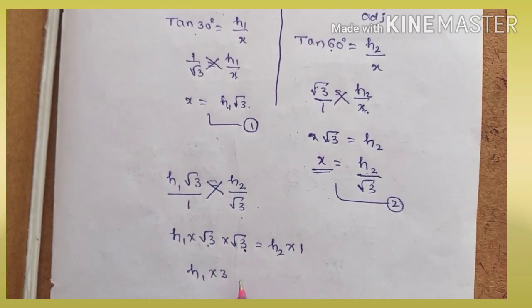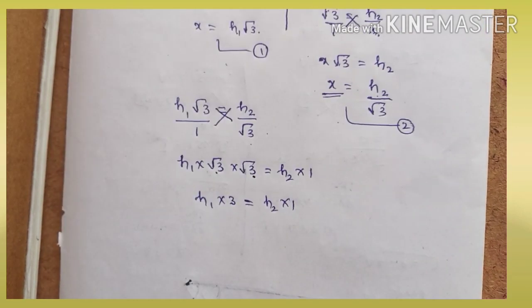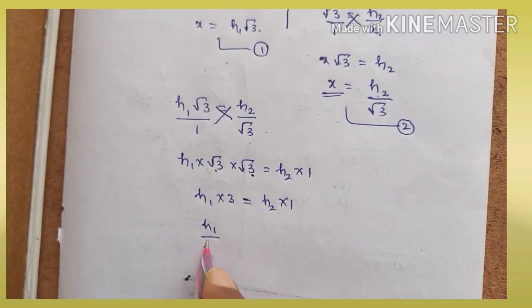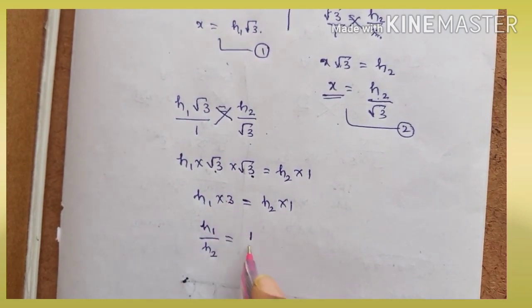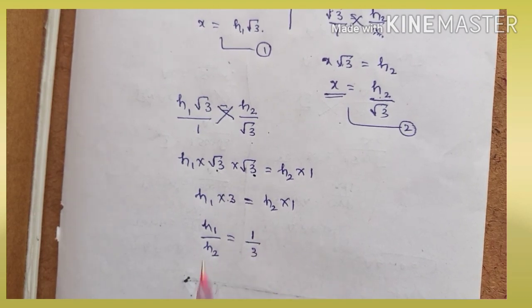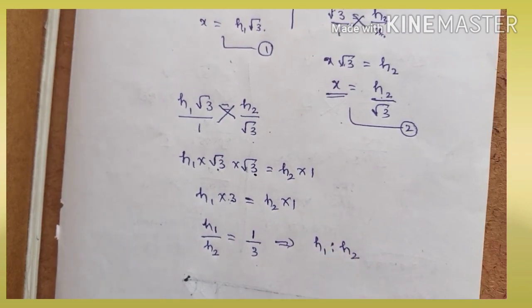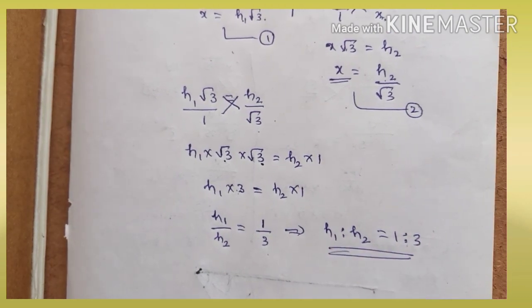H1 into 3 is equal to H2 into 1. We need the ratio, so transposing, H1 by H2 is equal to 1 by 3. So this ratio we can write as H1 is to H2 is equal to 1 is to 3.